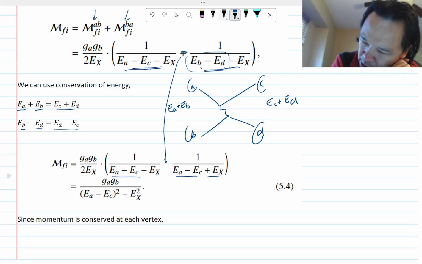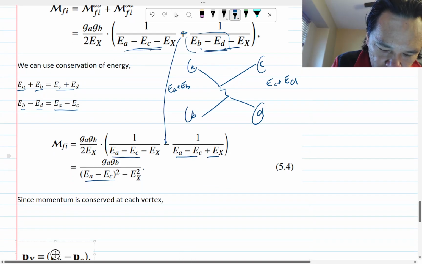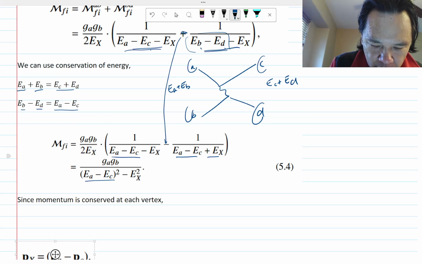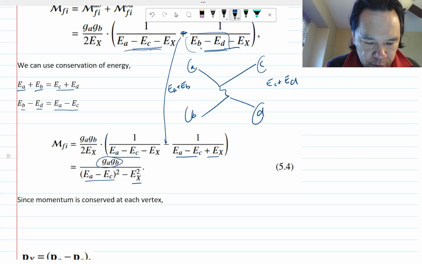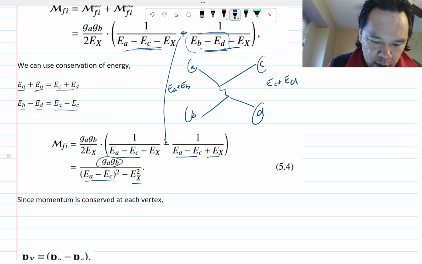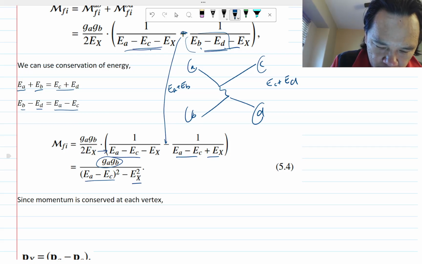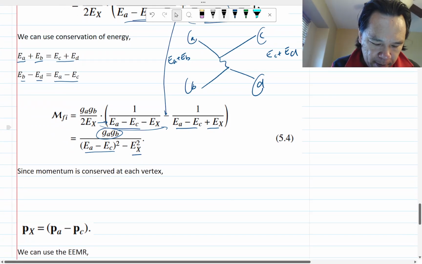Then you do a little bit of factoring, and you can factor out EA minus EC squared, and then minus EX squared, and all of that is still underneath GA times GB. And I think you can also multiply in these factors here.